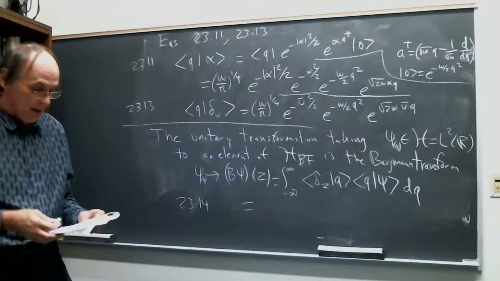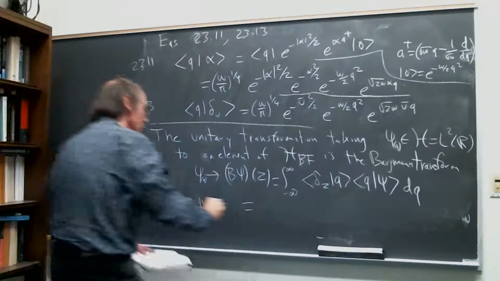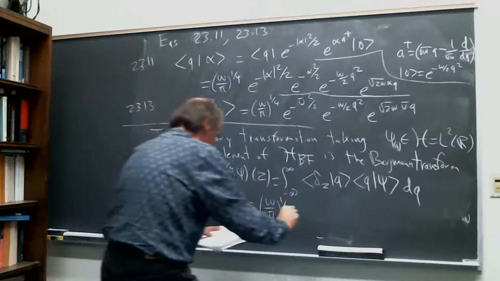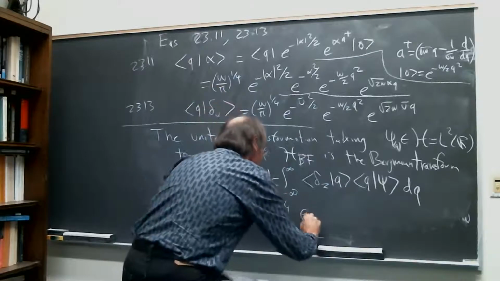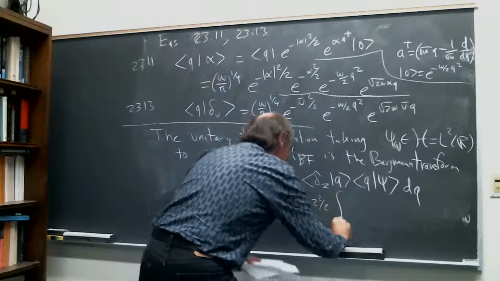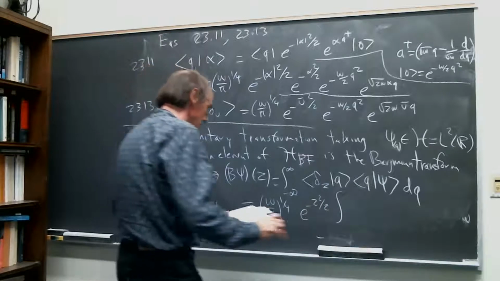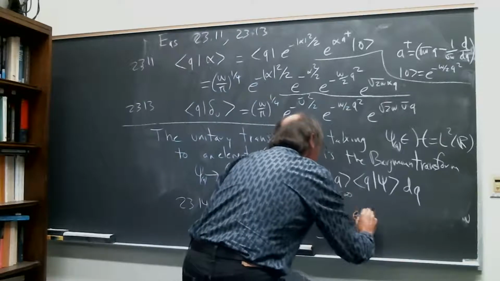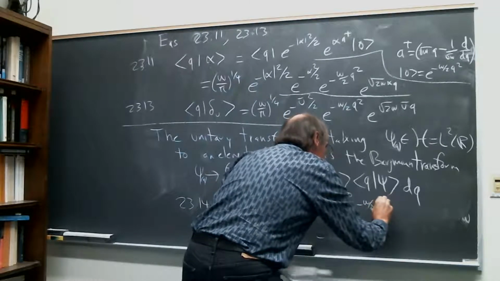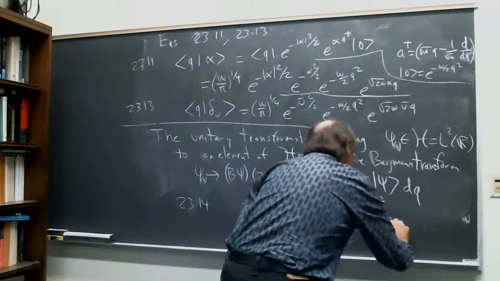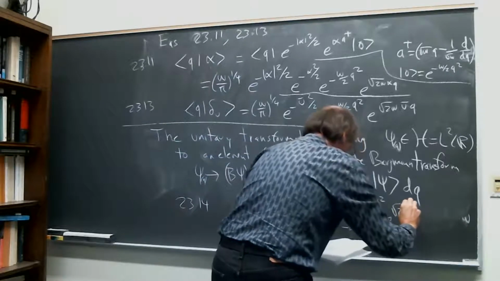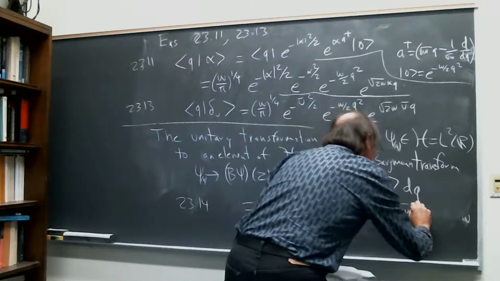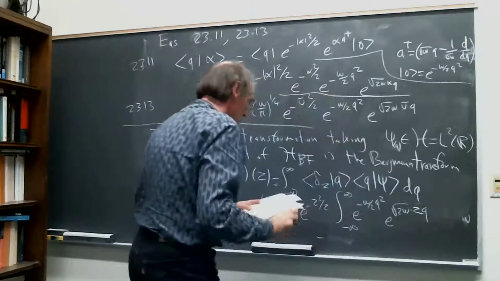So it's actually just (omega over pi)^(1/4), and then e to the minus z squared over 2, and then there's an integral from minus infinity to infinity of e to the minus omega over 2 q squared, and e to the square root of 2 omega z q, and psi of q.